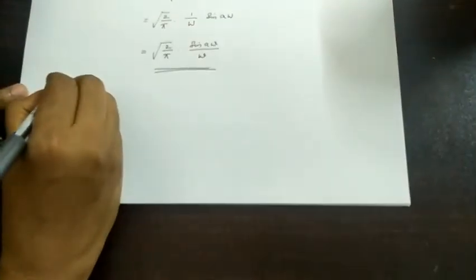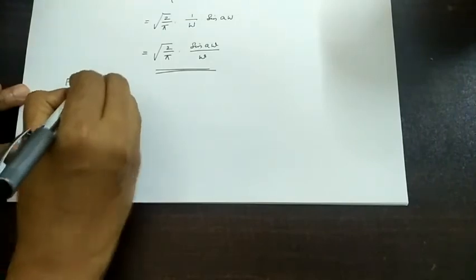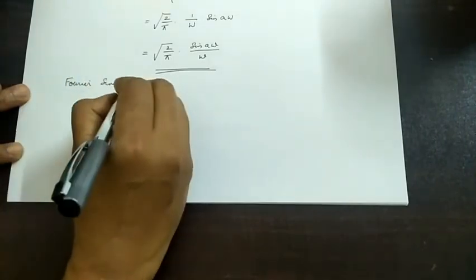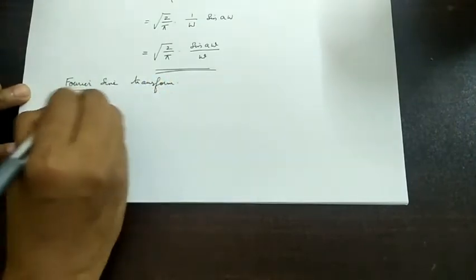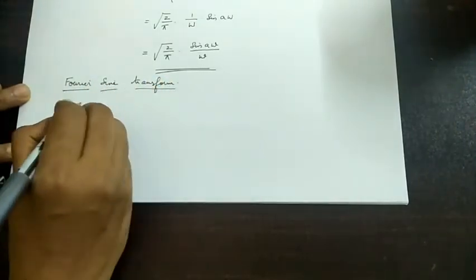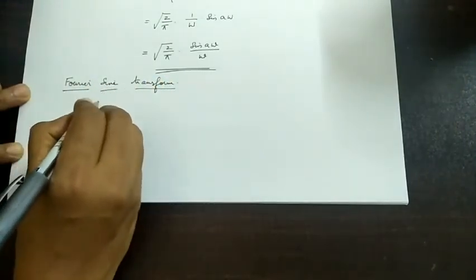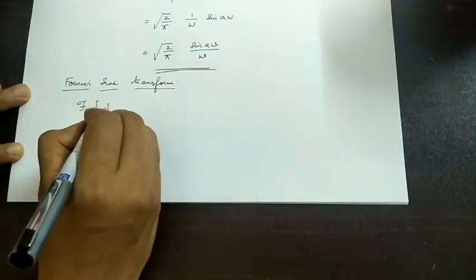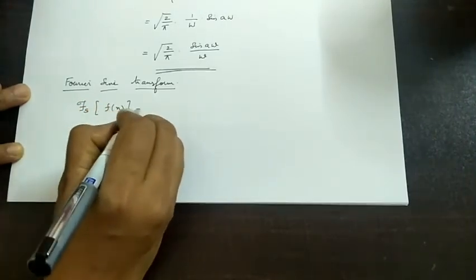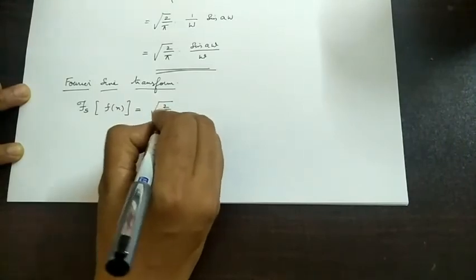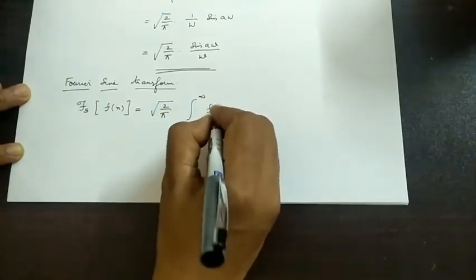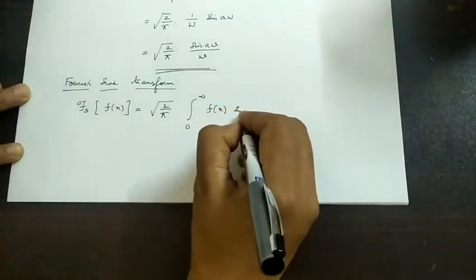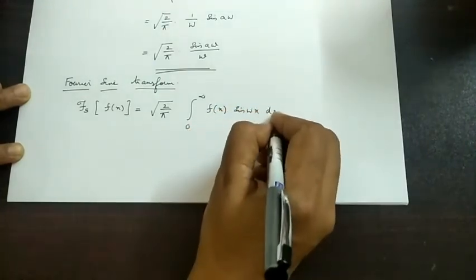Next we have the Fourier sine transform. The Fourier sine transform is denoted using this notation. Fourier sine transform of f of x, which is equal to root 2 by pi integral from 0 to infinity f of x sin omega x dx.